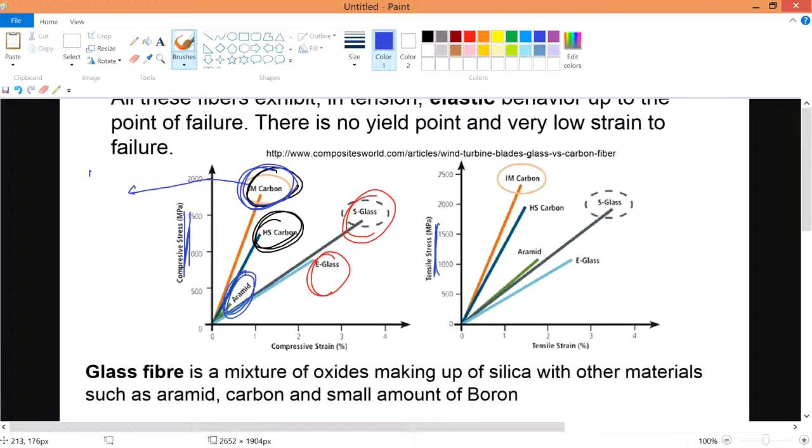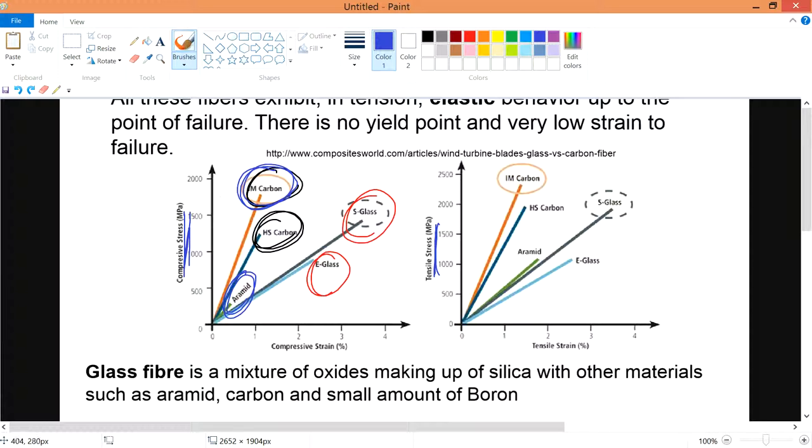IM carbon is called the intermediate modulus carbon. Later on in the subsequent videos we'll talk about it. The name is based on the temperature at which it's being made. Just a side note only.